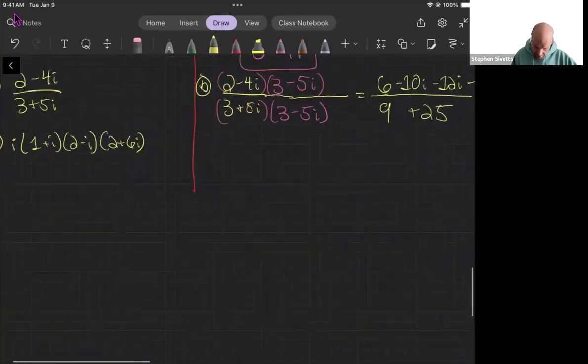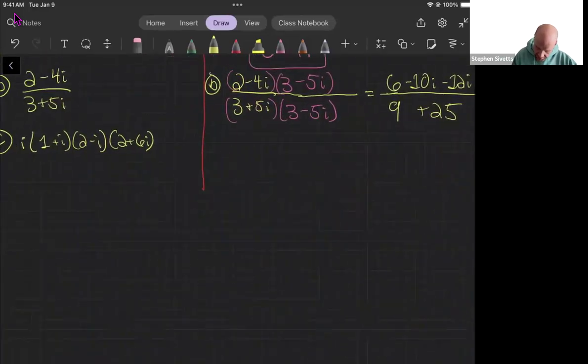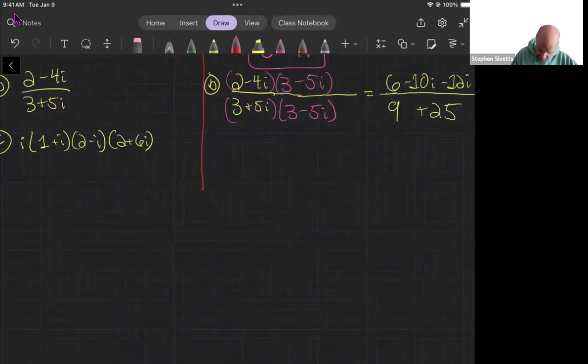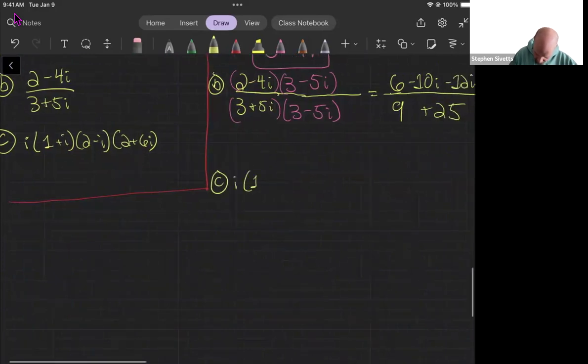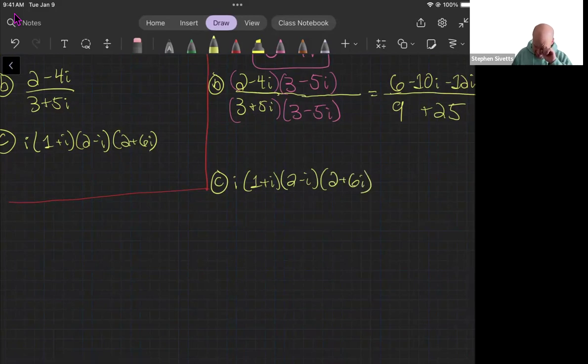Hopefully you made sense of that. Let's see. Part C. So we had i times (1 plus i) times (2 minus i) times (2 plus 6i), right? So what I like to do is go from left to right. From the left, we can multiply i by distributing it to the 1 plus i term, right?